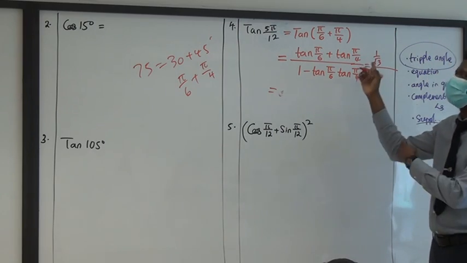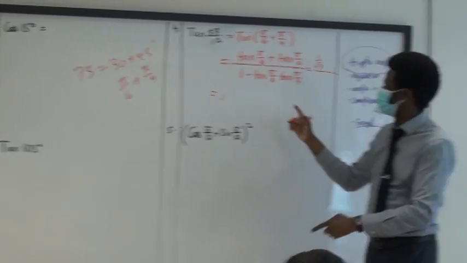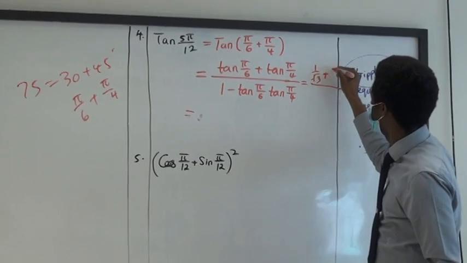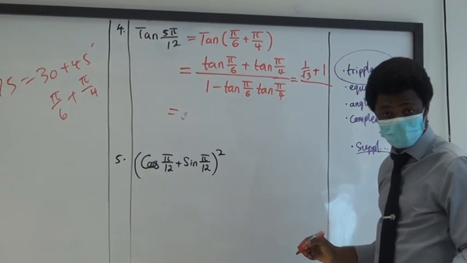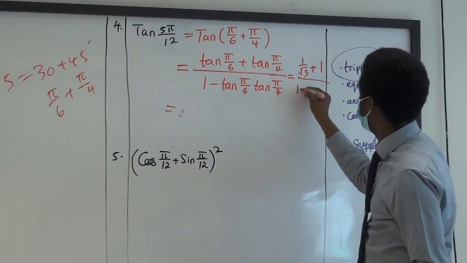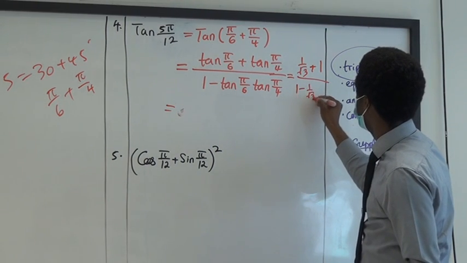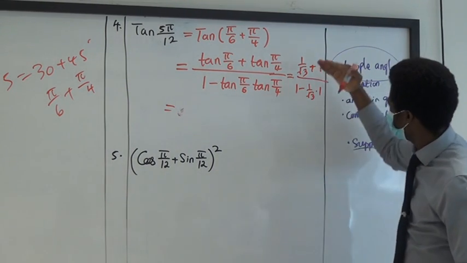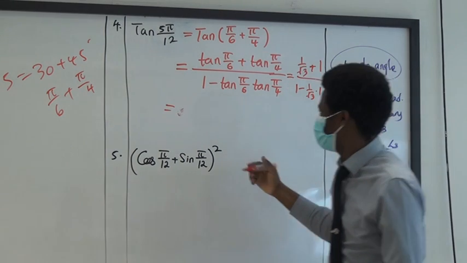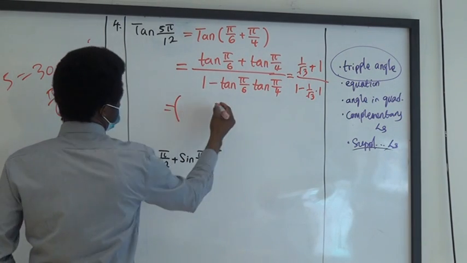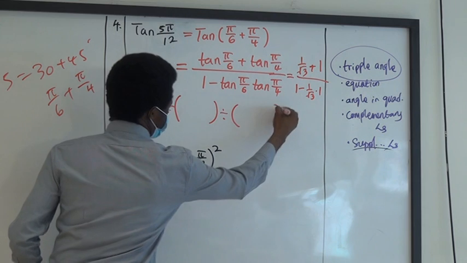But it doesn't mean I write 30 degrees on the board. Tan 45 is 1. Then also, 1 minus 1 over root 3 times 1. So you can see I'm having fraction over fraction. So the best thing is brackets divided by brackets.